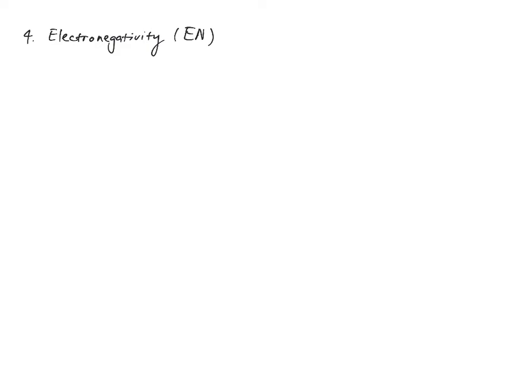But when we talk about electron affinity, we're talking about adding an electron onto an existing atom or ion, and it's all about a single object. When we talk about electronegativity, we're talking more about a chemical bond, when you have two atoms competing for electrons.